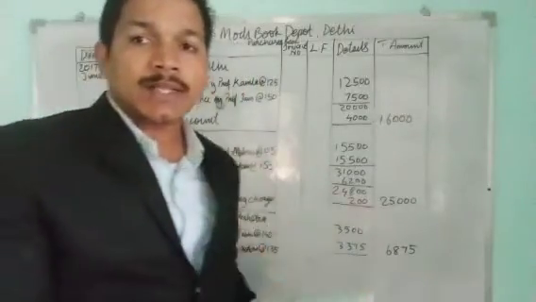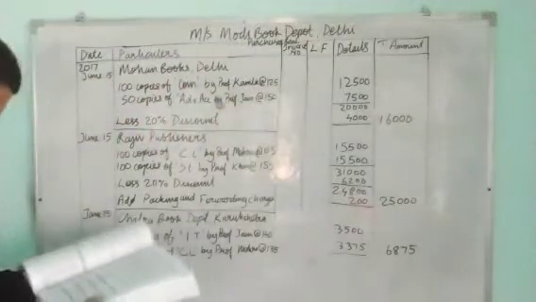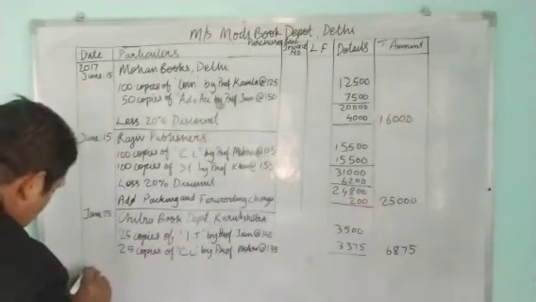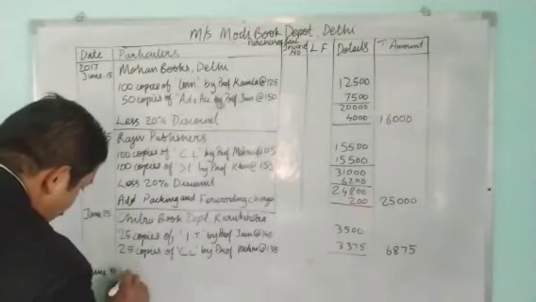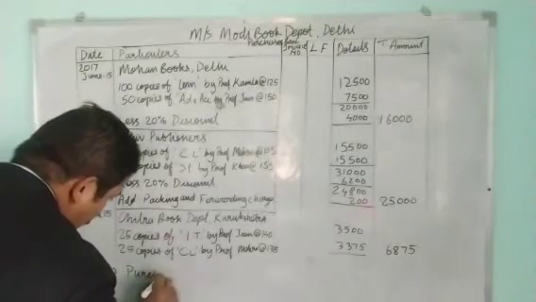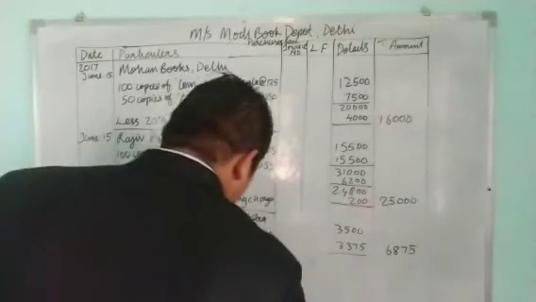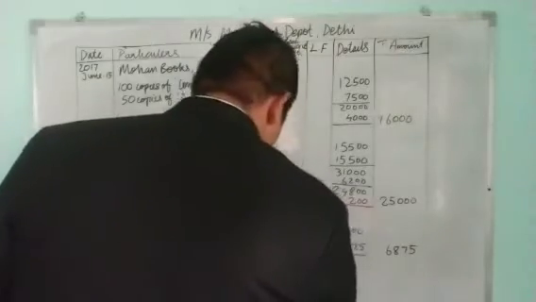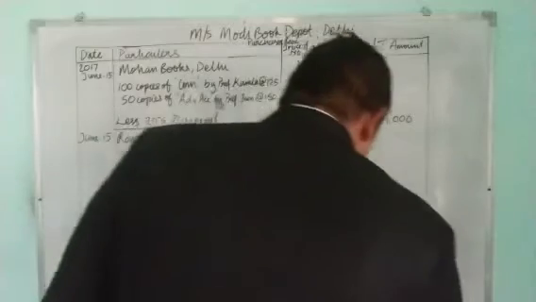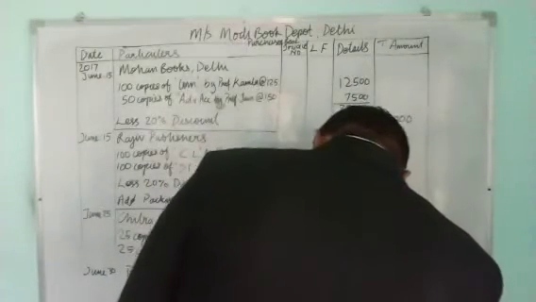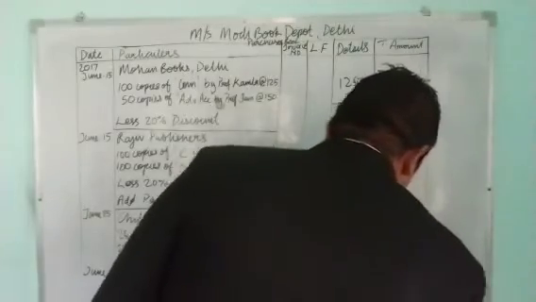So now at the last we have to transfer this amount to the purchase account. So for that purpose we have to make a last date. We will be putting June 30, purchase account, and the total amount we have to write is 47,875.